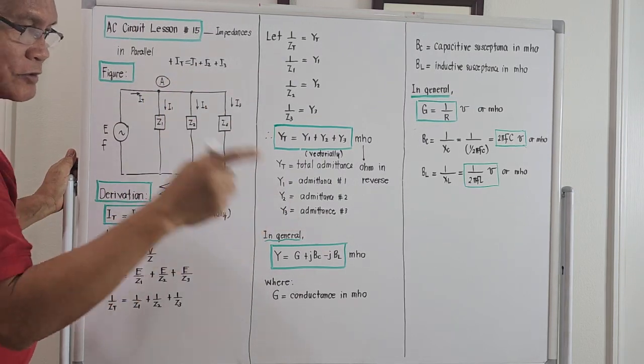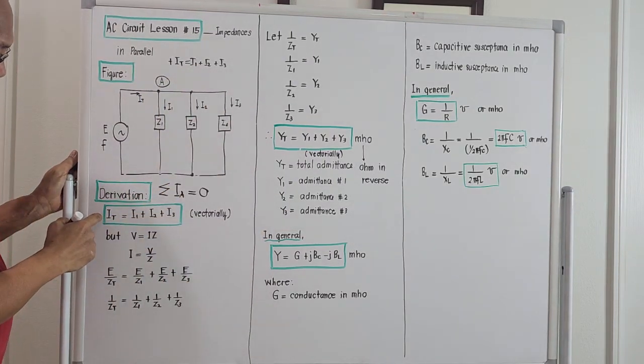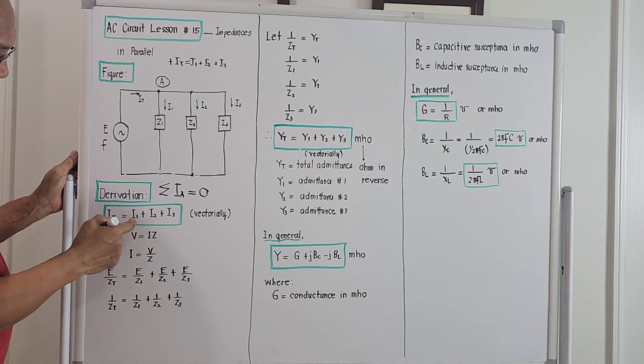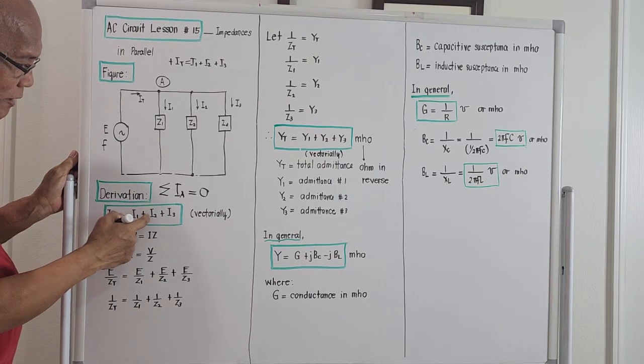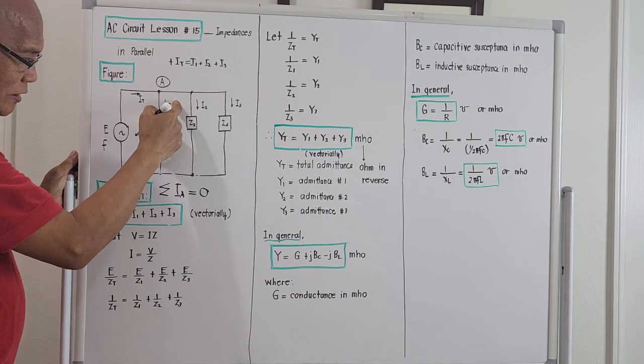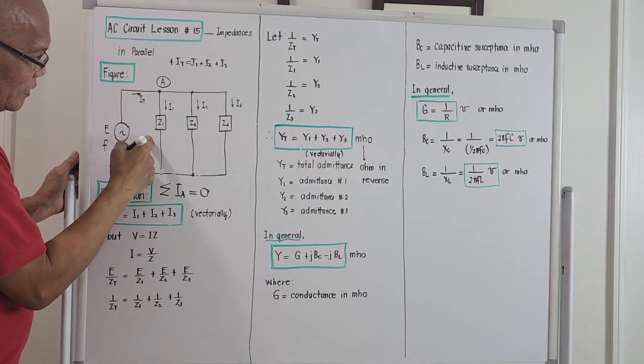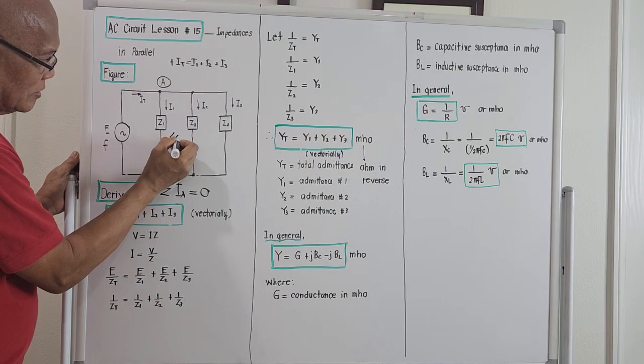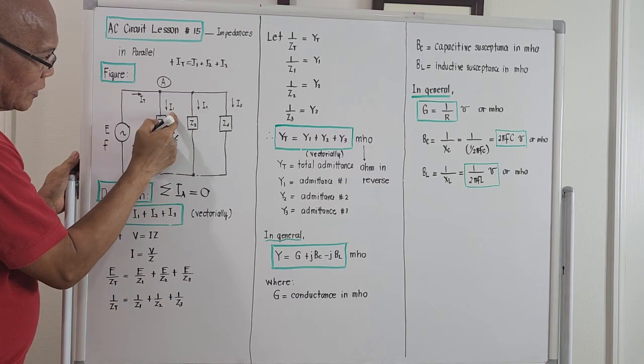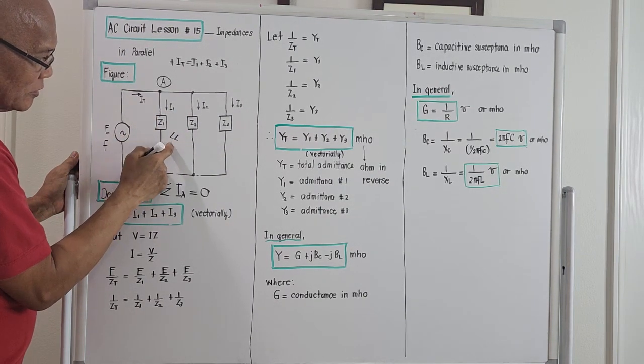So under parallel circuit, the total current is equal to the summation of the individual currents going to the individual branches. If C1 here will be the lighting load, I1 will be the total current consumed by this lighting load.